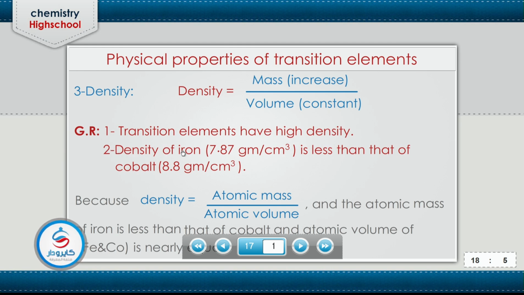Number two, the density of iron, 7.87 gram per cubic centimeter, is less than that of cobalt, 8.8 gram per cubic centimeter. The reason for these two questions is that density equals atomic mass divided by atomic volume, and the atomic mass of iron is less than that of cobalt, and the atomic volume of iron and cobalt is nearly equal.